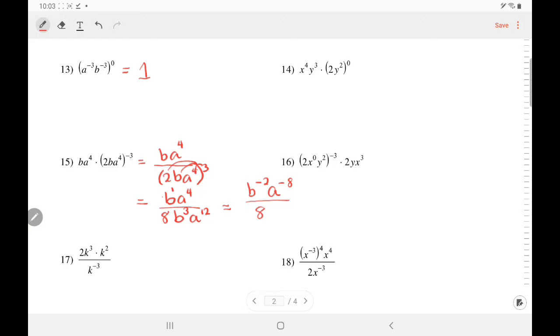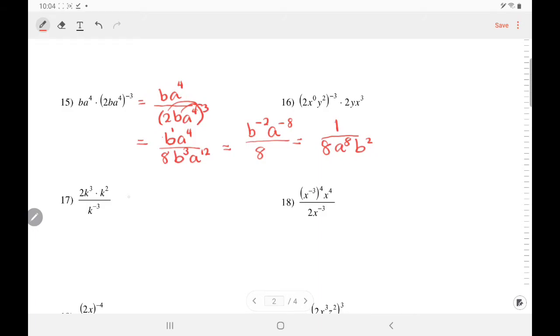So you combine the b's and combine the a's, so you don't have to write anymore. Now b and a have both negative exponents, so they're both going under. Nothing is left on top. Coefficients go first. I want to write the a first alphabetically. 8 is now positive because it moved, and b is also positive.